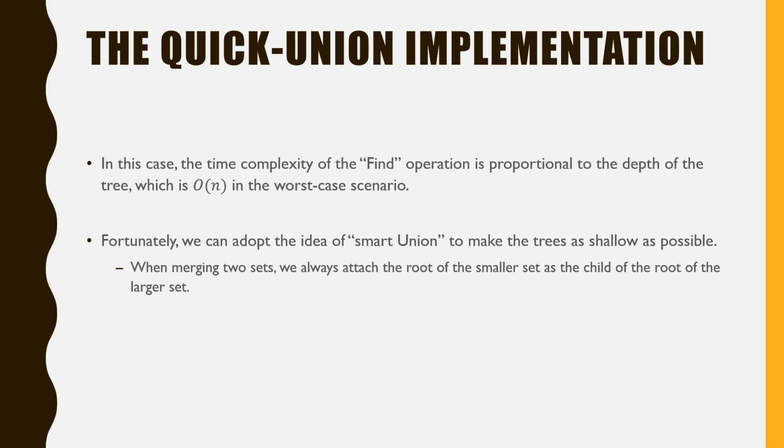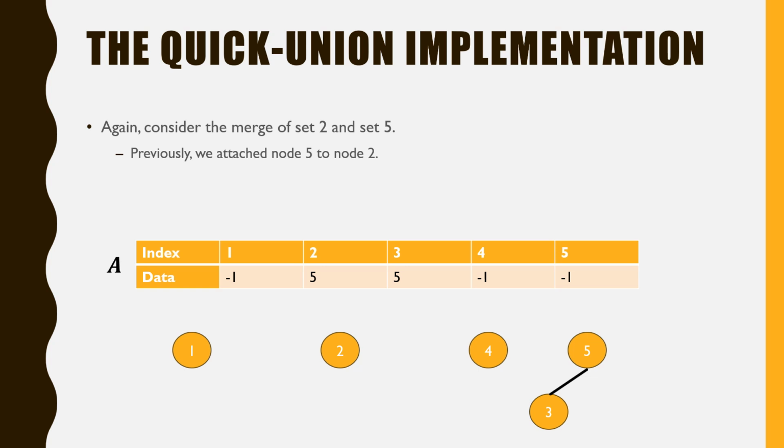Next, we will show that by using a smart union strategy, where the smaller tree is attached to the larger one, we can reduce the time complexity of the find operation to O(log n). Let's reconsider the merge of set 2 and set 5.